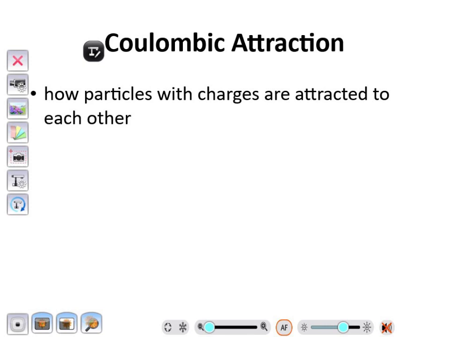So Coulombic attraction is how particles with charges are attracted, how they come together to each other. Coulomb means charge here, which is why it's called Coulombic attraction, because it's particles with charges that are attracted to each other.